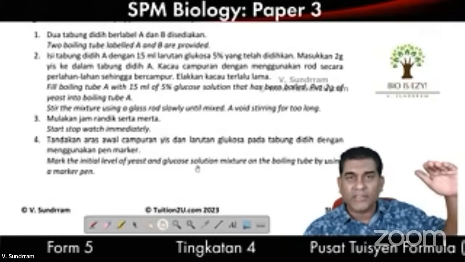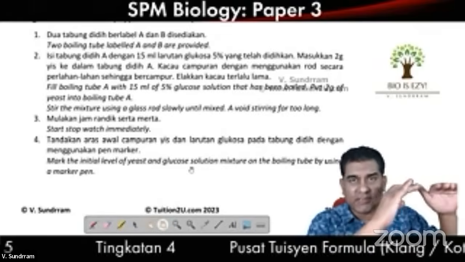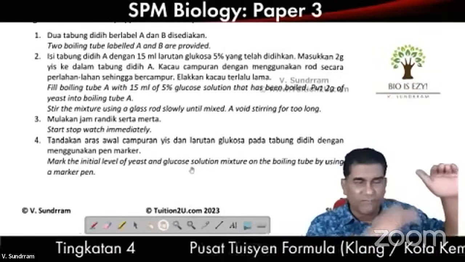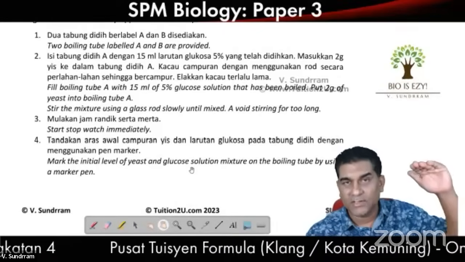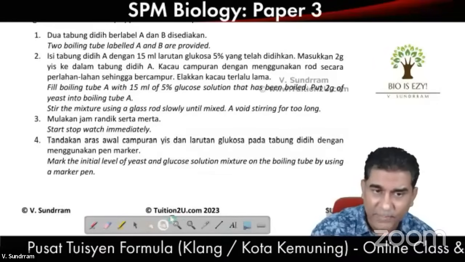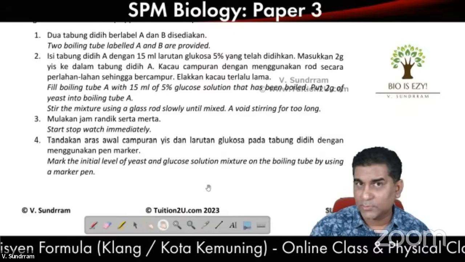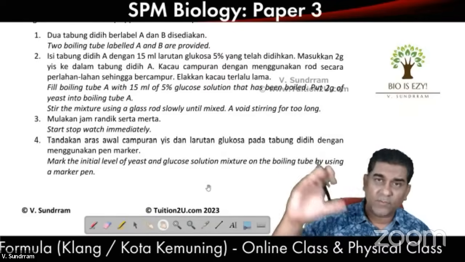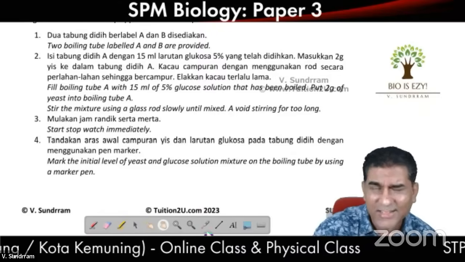As the foam increases and becomes taller, at 15 minutes I mark the ending. So we have 2 markings, and we can measure the length of the foam that is produced. That is the instruction I've given here. So the responding variable is not the number of air bubbles produced, it is the height of the foam produced in the boiling tube. That's about it. The rest is the same.